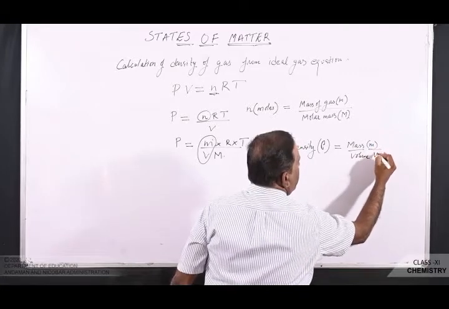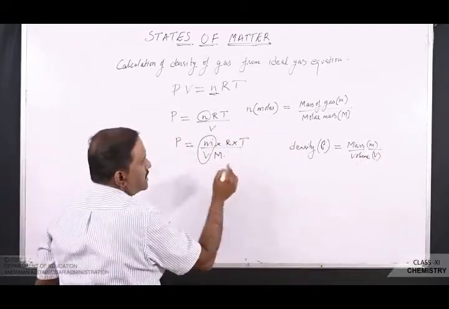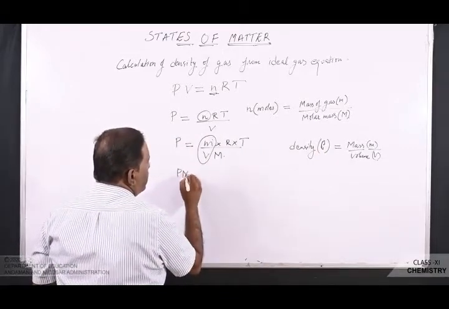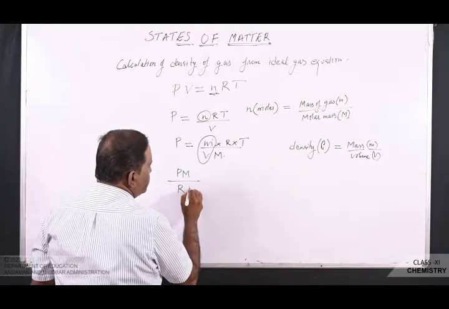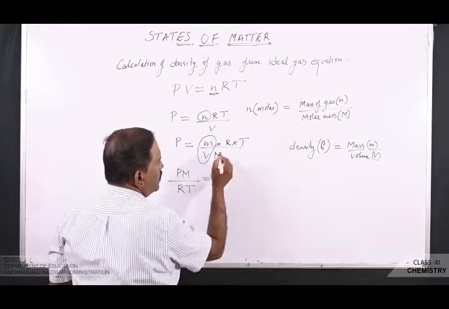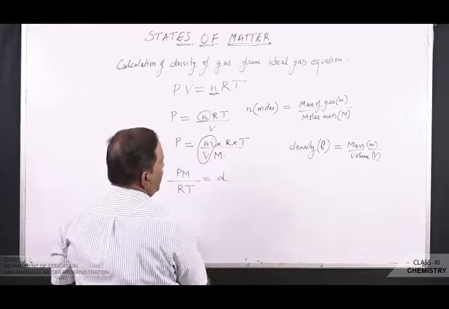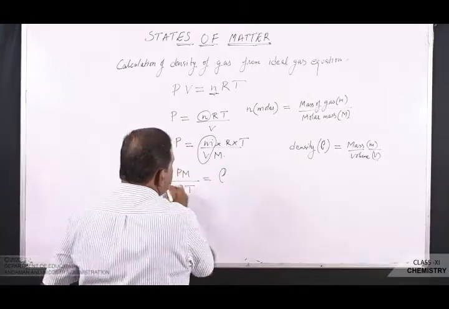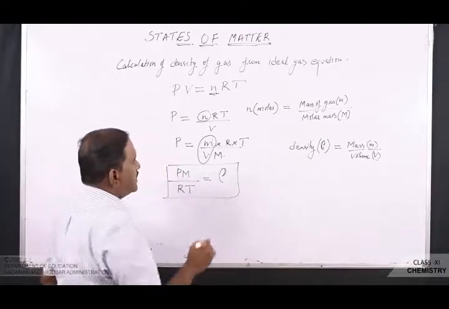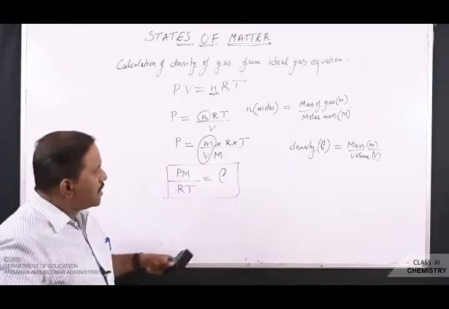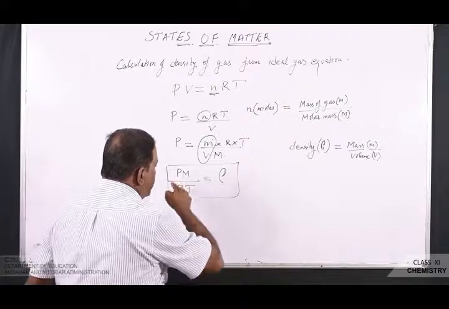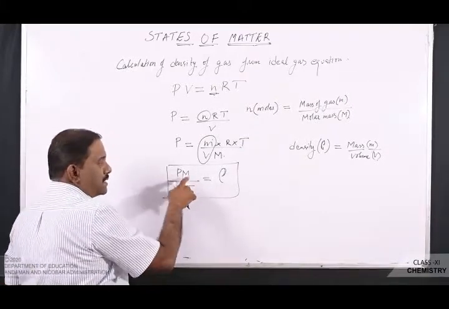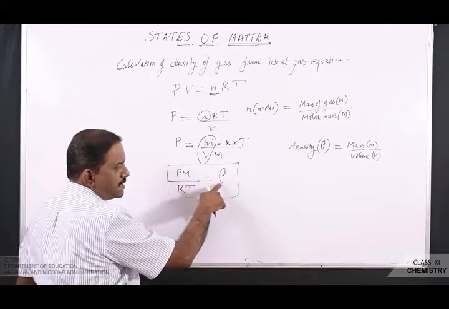So in this place I can substitute density. So I can write PM by RT is equal to d, or I can use rho also. So from this we get the density of the gas. Here again P is pressure, R is the gas constant, T is temperature, M is the molar mass of the gas, and d is density.